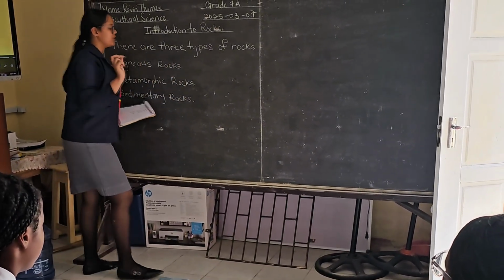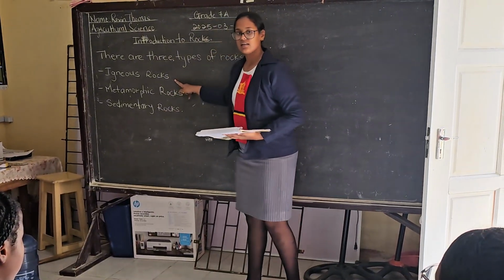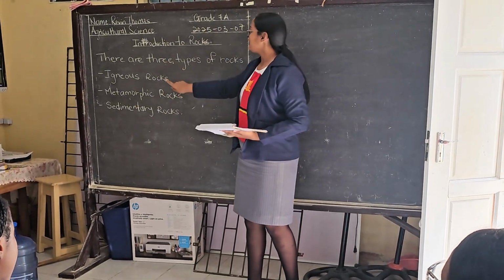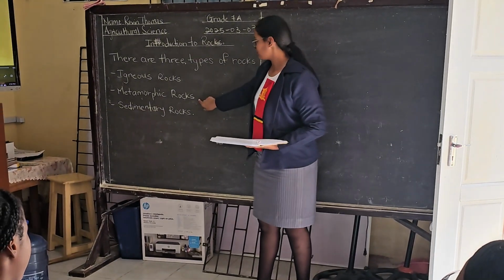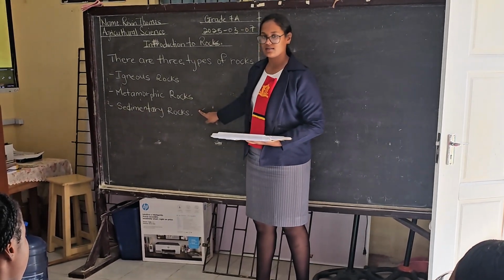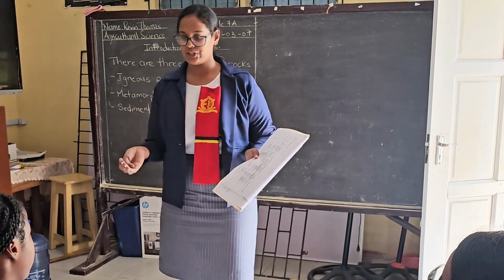Good. So the three types of rocks are igneous rocks. Repeat after me, class. Igneous rocks, metamorphic rocks, sedimentary rocks. Now I'll tell you about their formation, right?